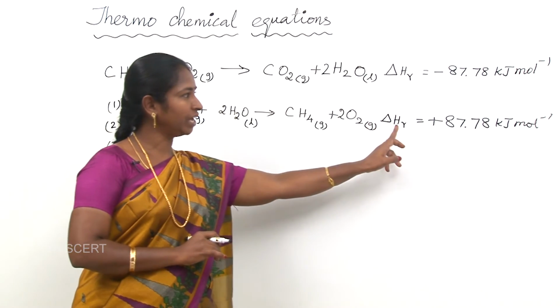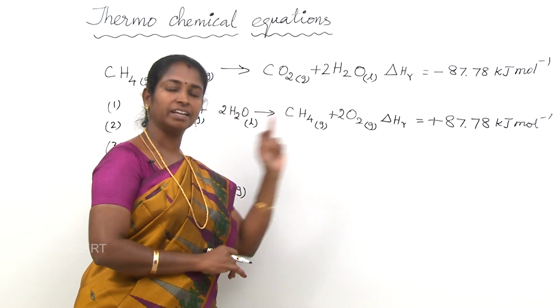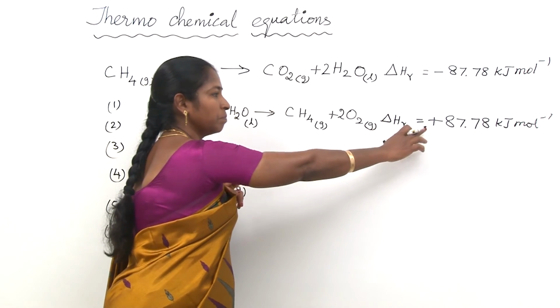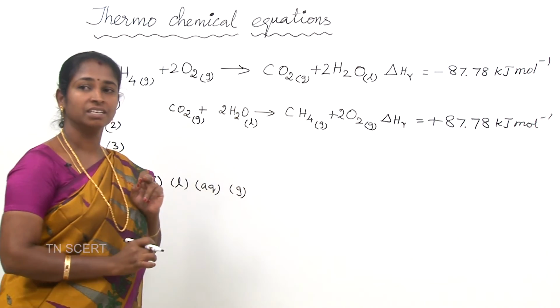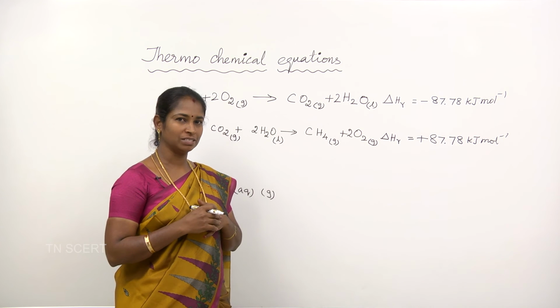And finally, if the delta H value is given with a negative sign, it indicates the reaction is an exothermic reaction, and if it is positive, the reaction is an endothermic reaction. Do you know what is an endothermic and exothermic process?